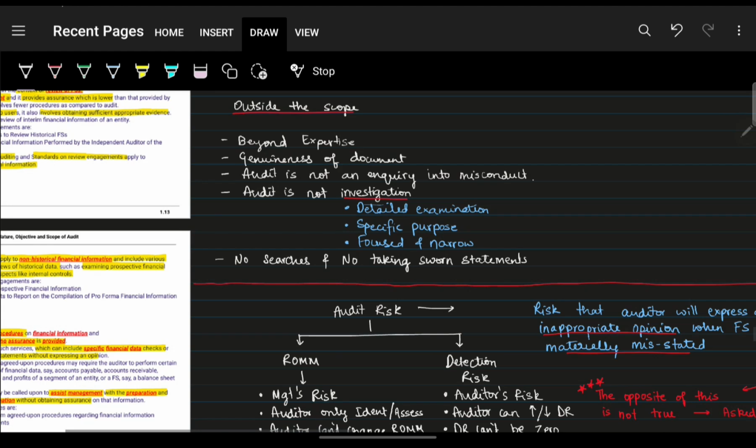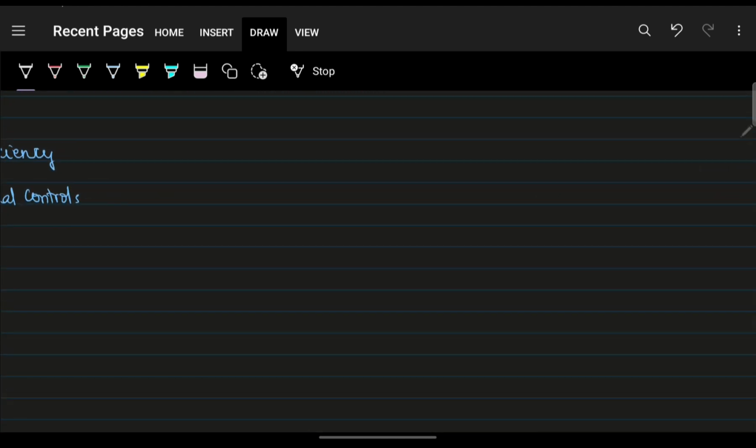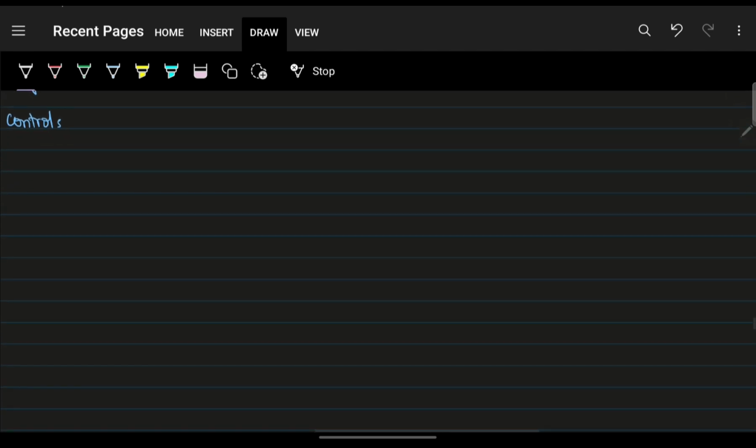So let's just recap from the top. What is in the scope of audit? Let me scroll down to get more area.